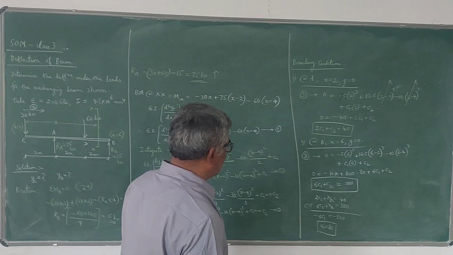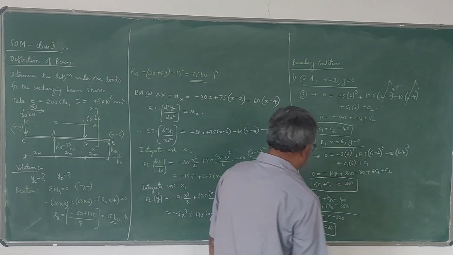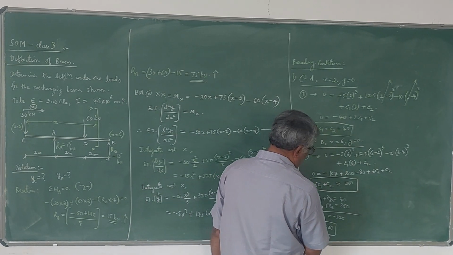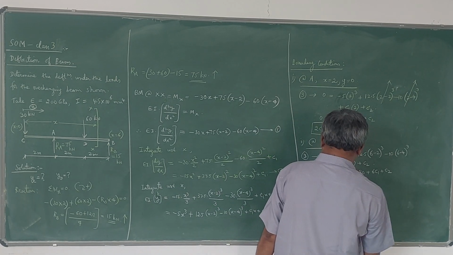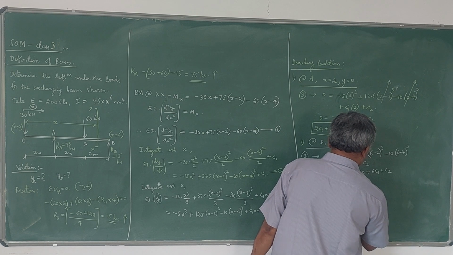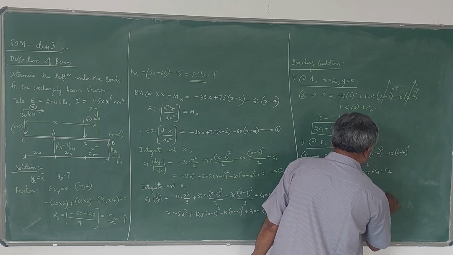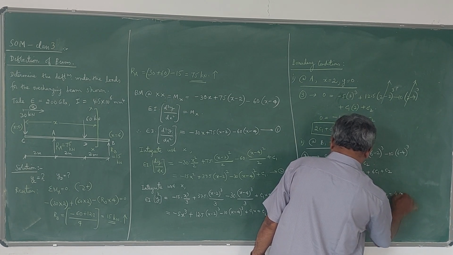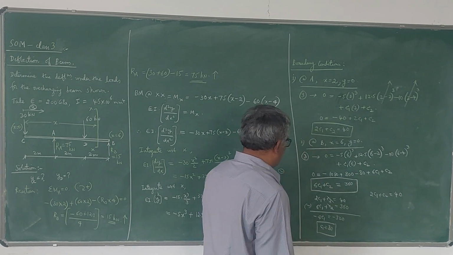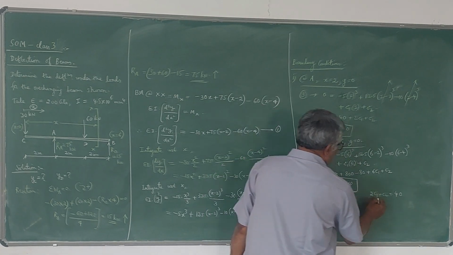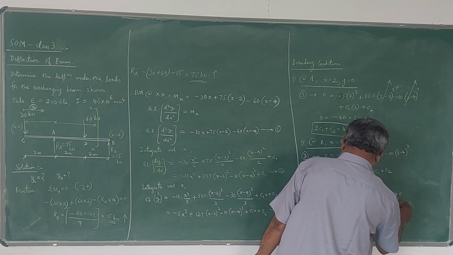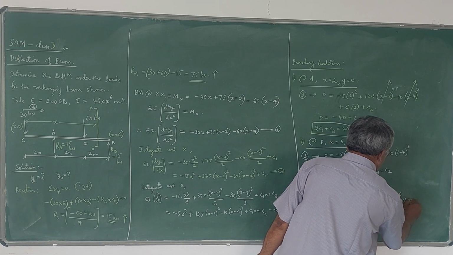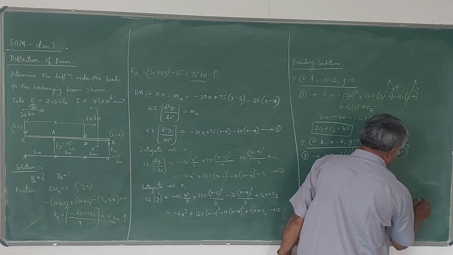Therefore c2 will be, let us see, c1 is equal to 80. Substituting that here in one of the equations, 2c1 plus c2 is equal to 40. So c2 will be 40 minus 2 into c1, which is 80. So it becomes minus 120.